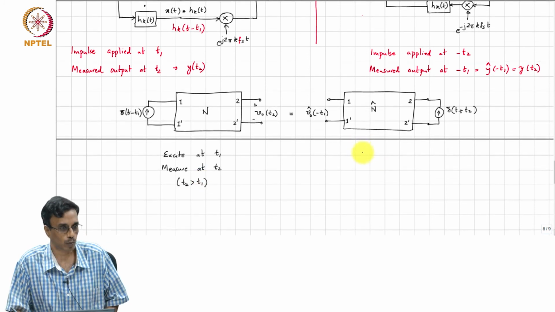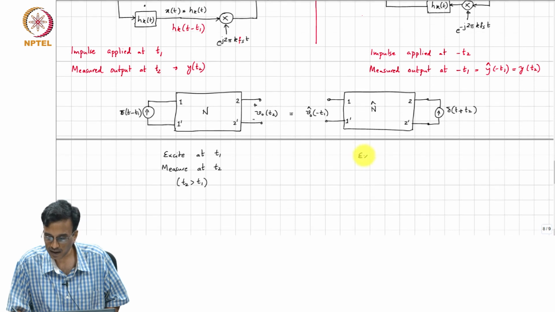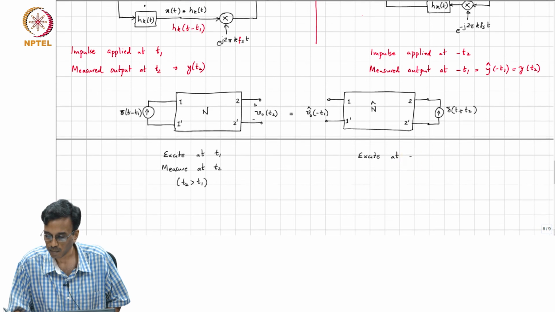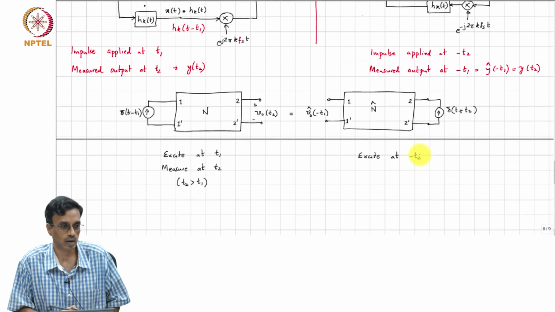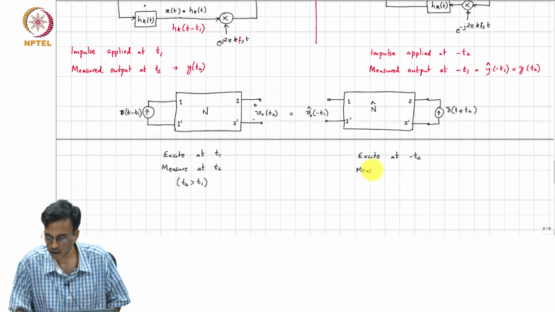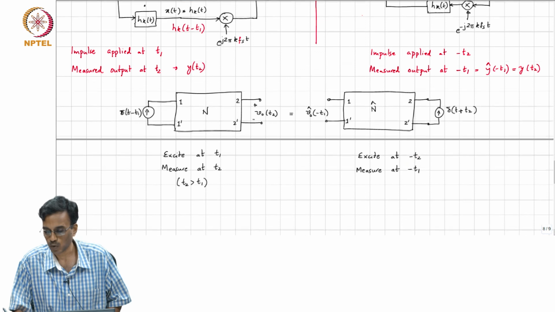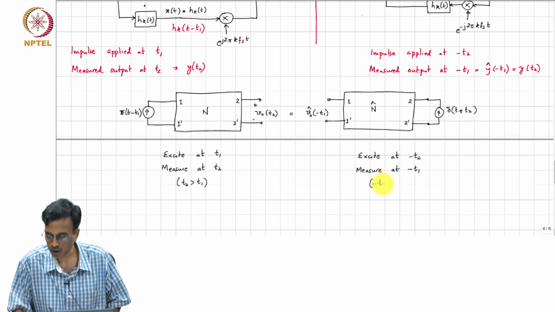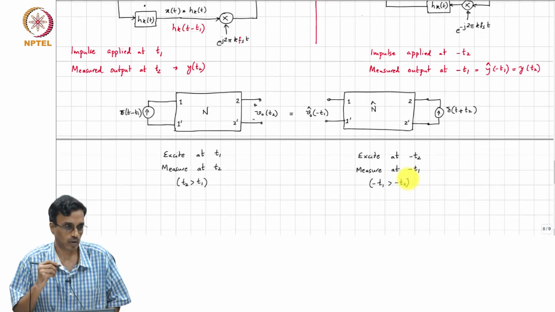You will get the same output if you excite the adjoint at the output port at minus t2, all right, and measure at minus t1, and so minus t1 is greater than minus t2.